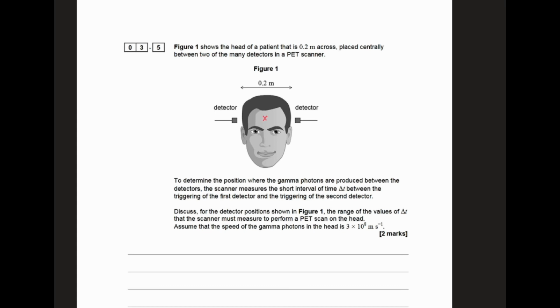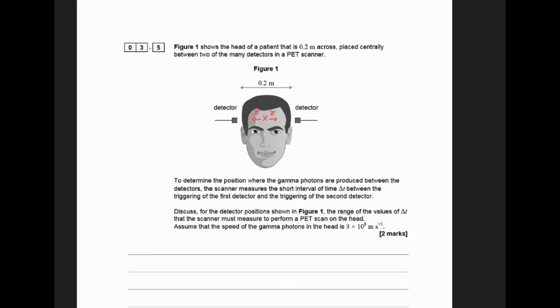After that, the tracer is taken by this patient, and then there is a positron that is produced, and then the positron collides with the electrons, and then gamma ray is produced in 2 opposite directions. So gamma ray is produced in this way and this way.